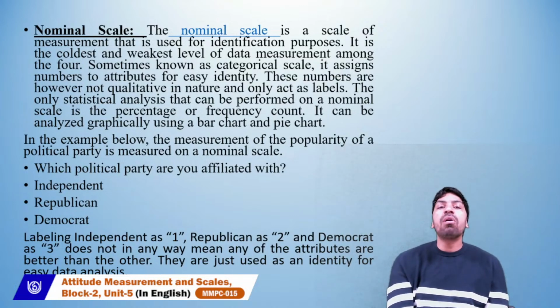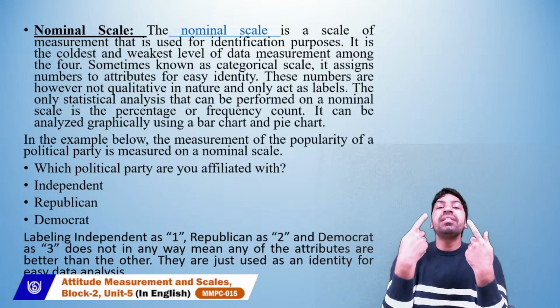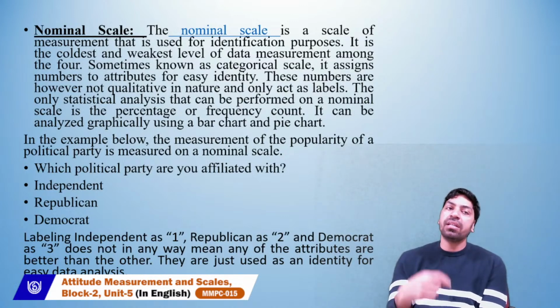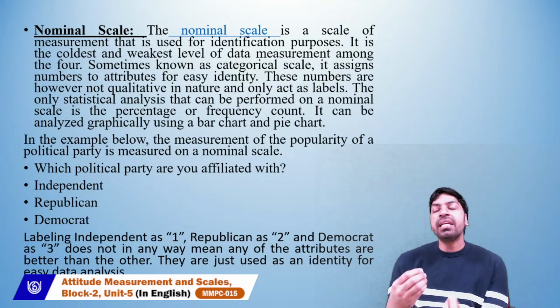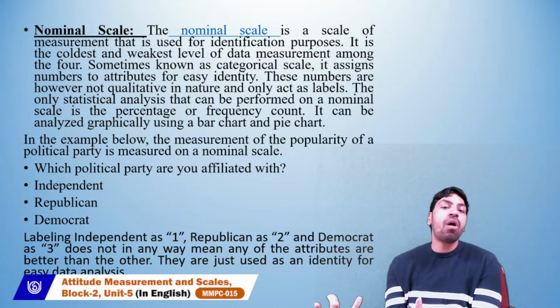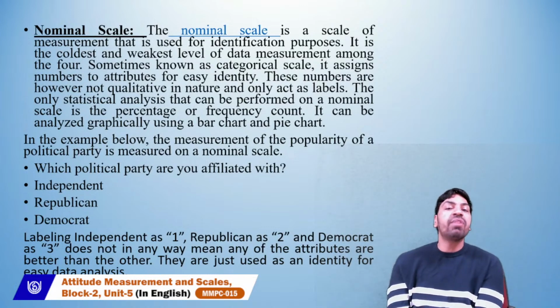Sometimes it is also called the categorical scale, where we just assign numbers or categories to the attributes of a variable, so that a researcher can easily identify them through the numbers and categories of a particular variable. And it also labels those options, those attributes of a particular variable.